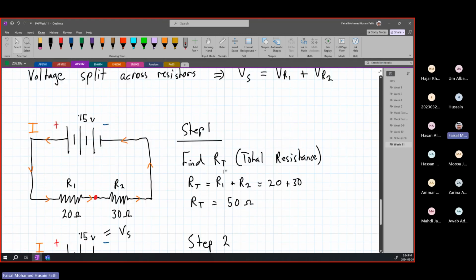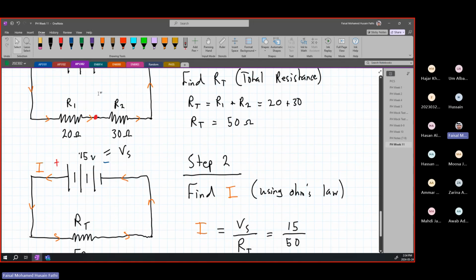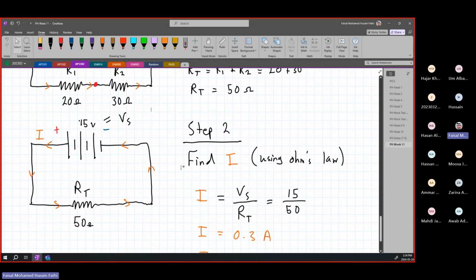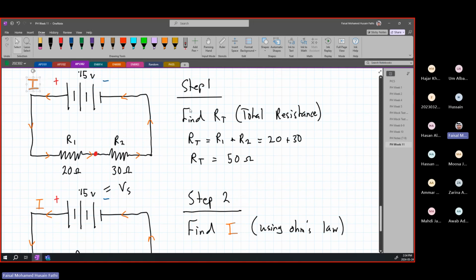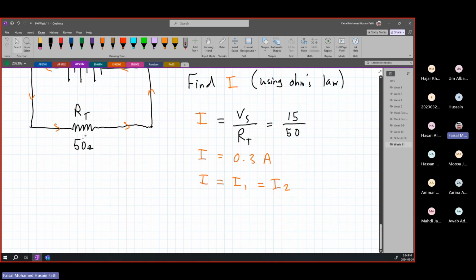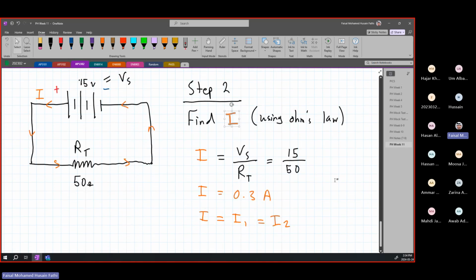So for example, if the question says, find the current that is flowing through R2, you know that you need to find your I total in this way. We're using the first step to find the total resistance. And then once you find your total resistance, you can find your current.